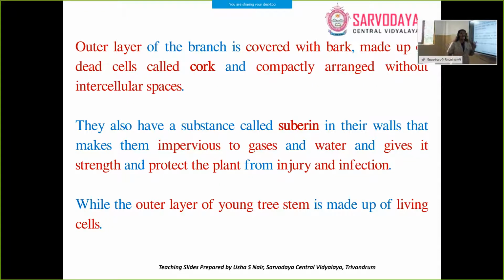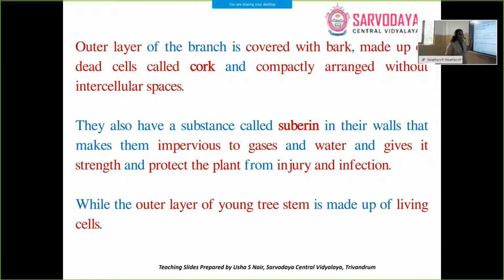So these are the two protective tissues: one is the epidermis and the other is the cork. Here I've given the notes. You can see it, and when you get it today, you can just learn it. I've given it in a simple way so that you can remember.